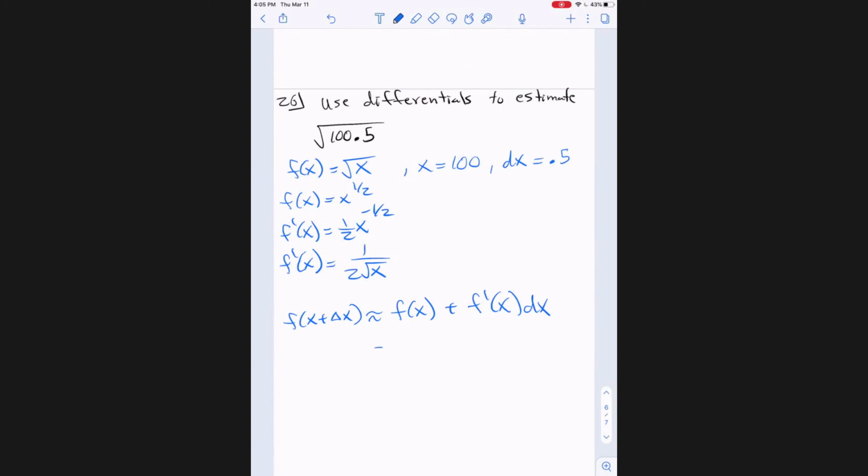So you're going to go f of 100 plus 0.5 is f of 100 plus f prime of 100 times dx, which is going to be 0.5.